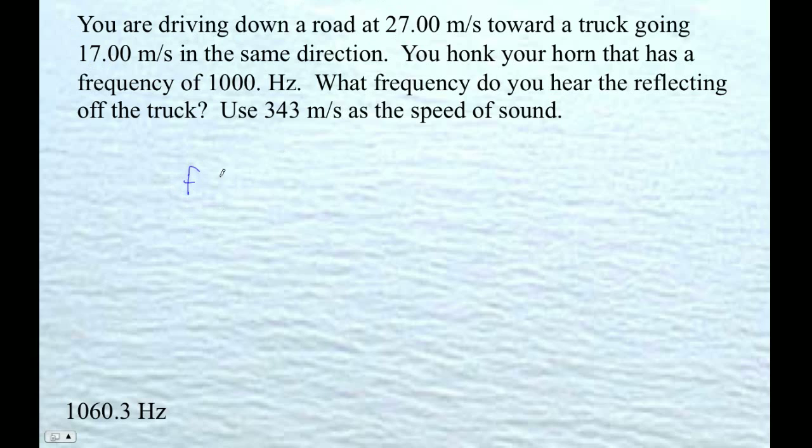So let's say it's a moving source. This is an approximate method. So 1,000 times 343 over 343 minus 10, 343 divided by parentheses 343 minus 10. You get 1,030 actually, so that doesn't work so well.